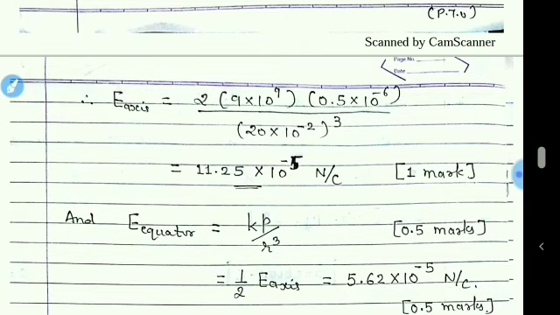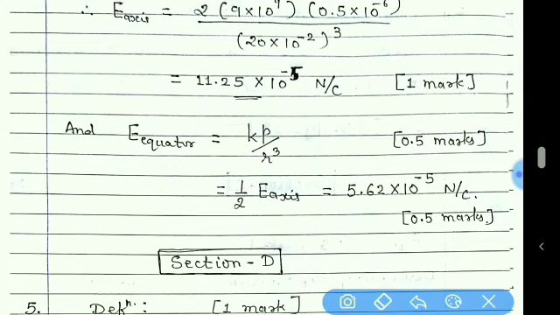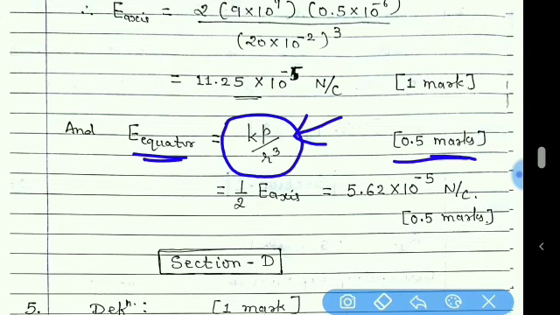Now we know that for the electric field on the equator, the formula is Kp by r cube. So if you have written this formula, you can expect 0.5 marks for this. And we know that the electric field on the equator is half of the axis.